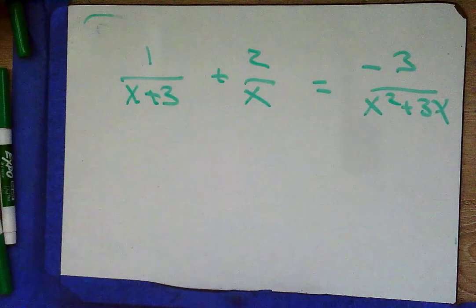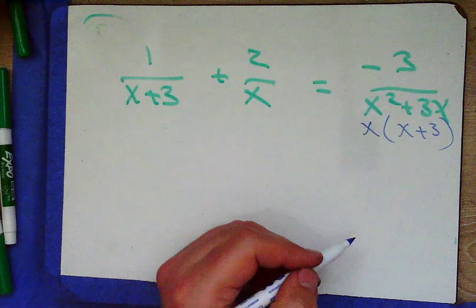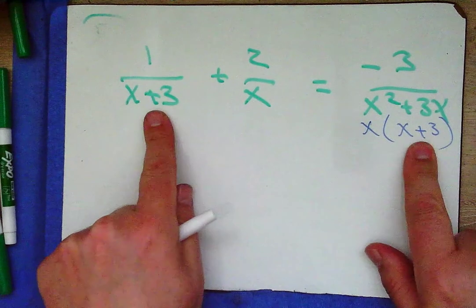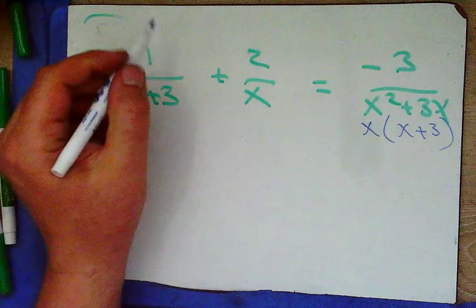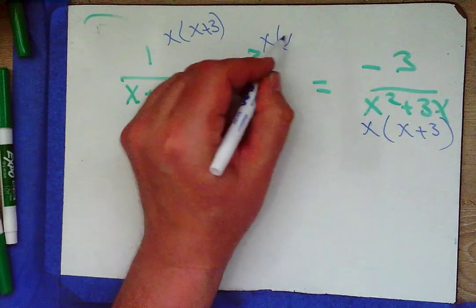Welcome back. So did you realize that this was x times x plus 3? And look, there's the x plus 3, so this is my least common denominator. I'm going to multiply everywhere by x times x plus 3.